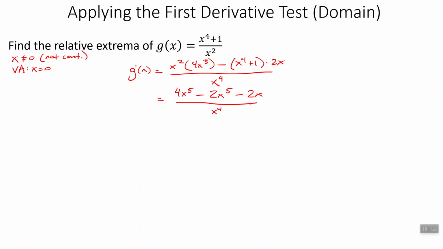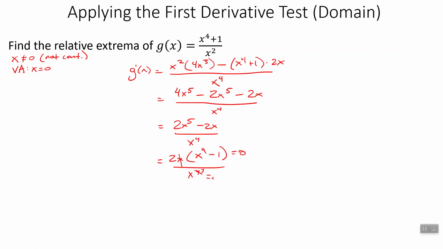On the bottom we still have x to the fourth. Let's see, 4 of them minus 2 of them gives us 2x to the fifth minus 2x over x to the fourth. We can factor out that top. We can factor out a 2x, and we are left with x to the fourth minus 1 over x to the fourth. And then one of these x's can cancel and leaves us with x to the third down there.